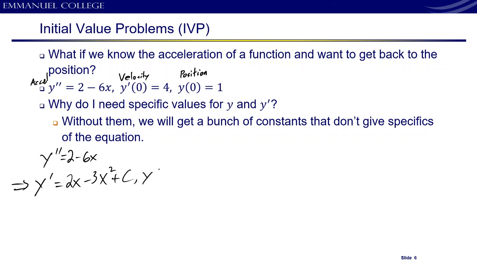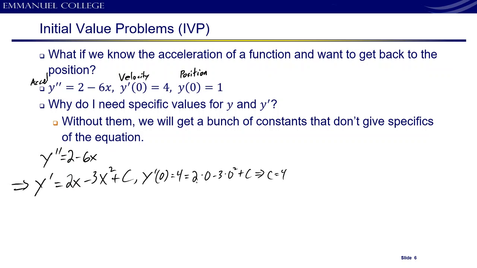And then I know y prime of 0 is 4, which means 2 times 0 minus 3 times 0 squared plus c will give me that c is equal to 4. And life's good.